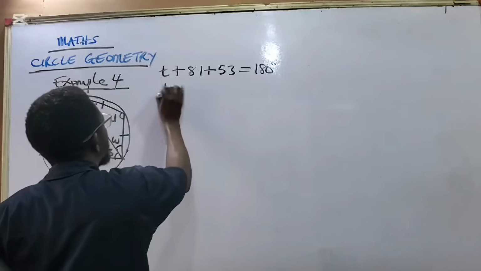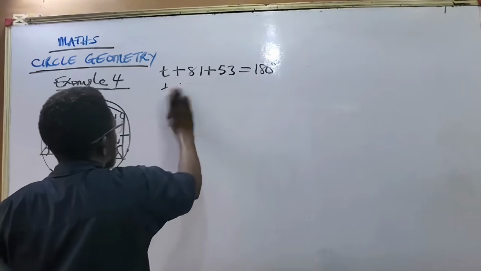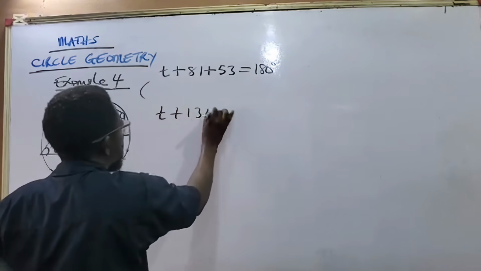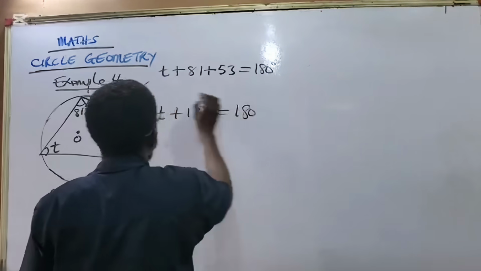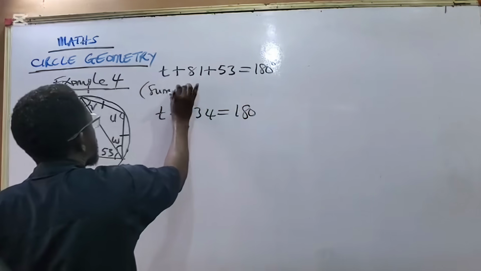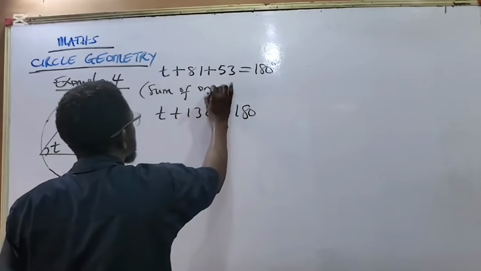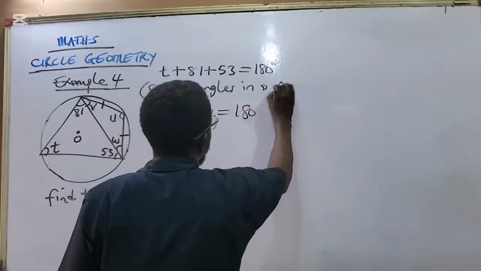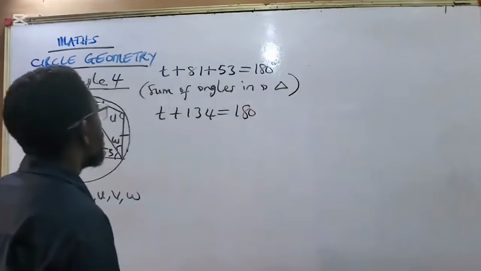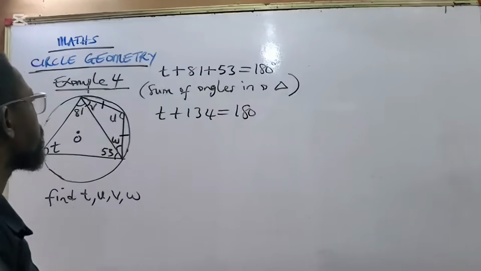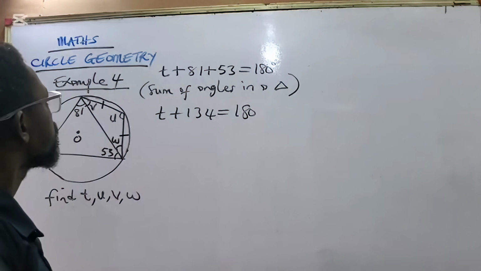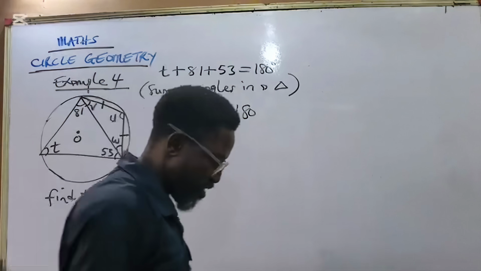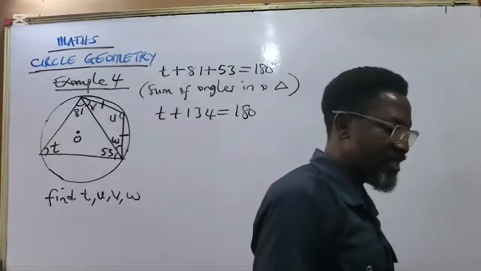So let's do that first. Plus t plus 134 equals 180 degrees. Sum of angles in a triangle is what? 180. So the next thing I will do is to collect the like terms.